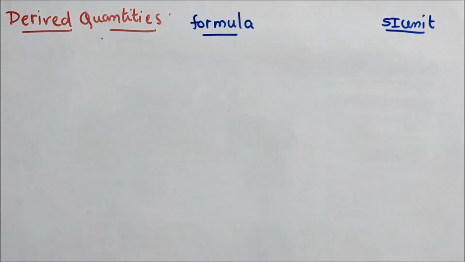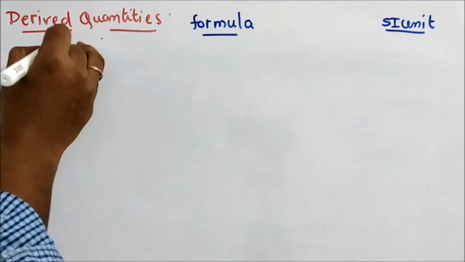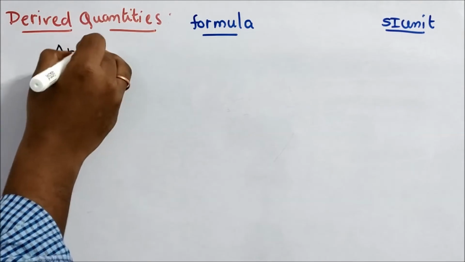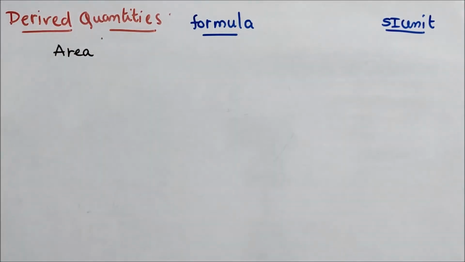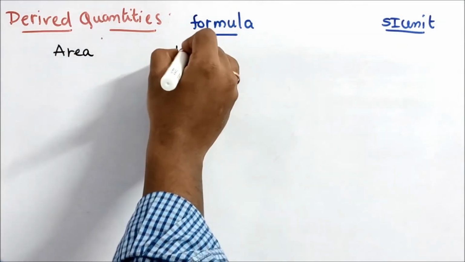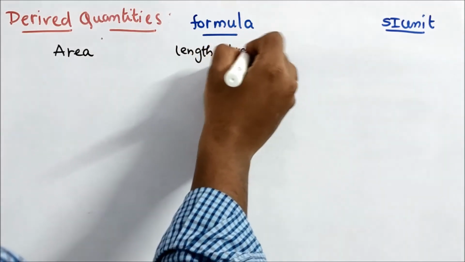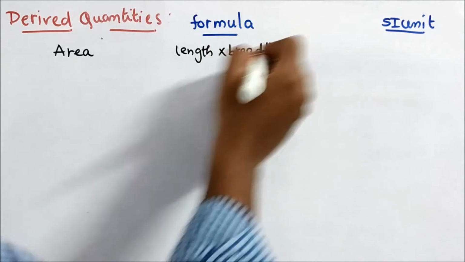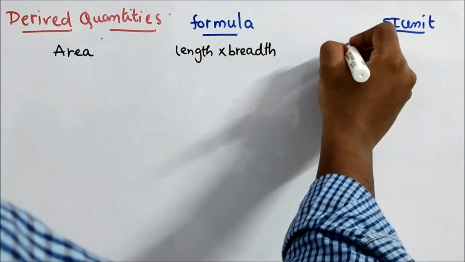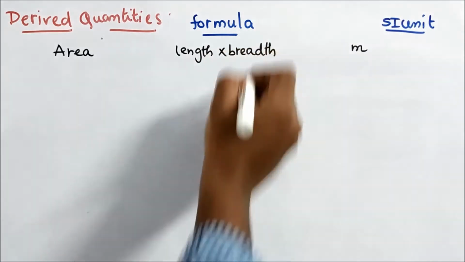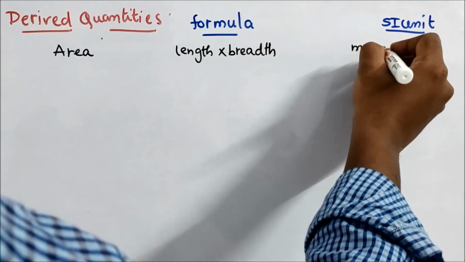So let us start with the most basic one, that is area. Area, as you all know, is defined as length into breadth. What is the unit of length? The unit of length is meter, and the unit of breadth is also meter.